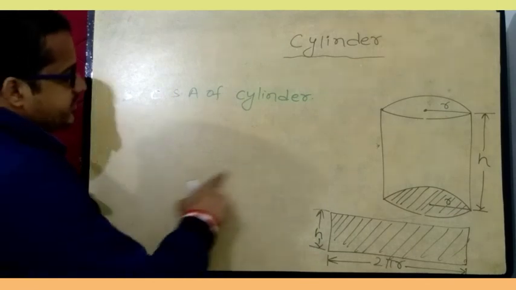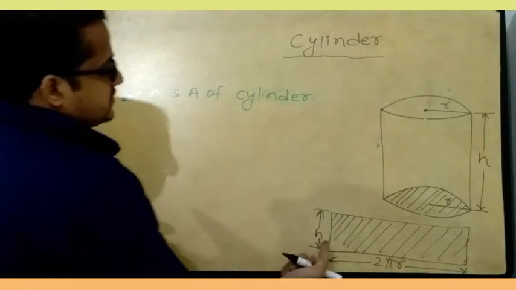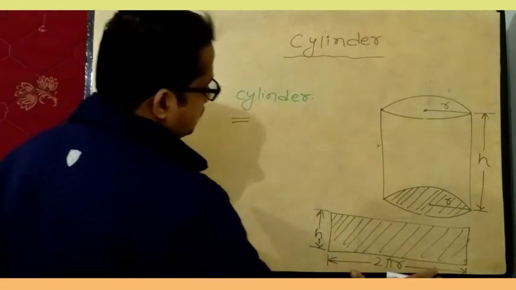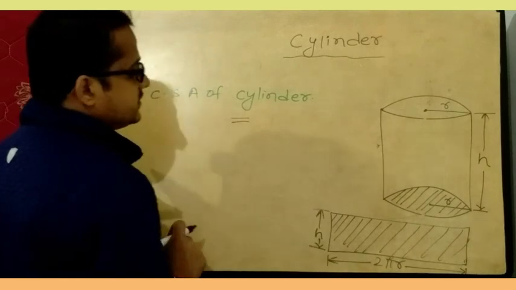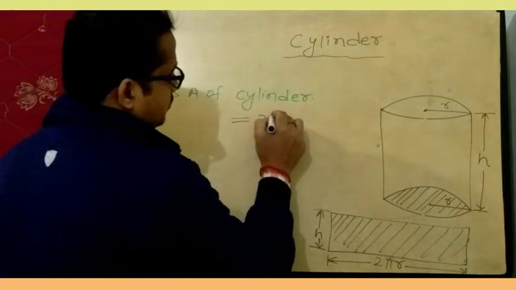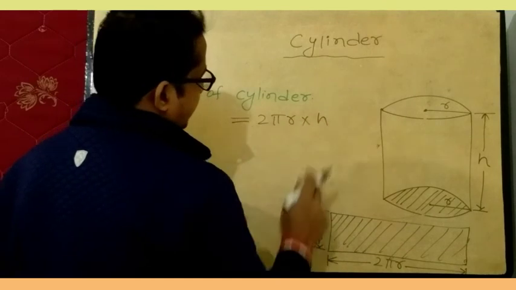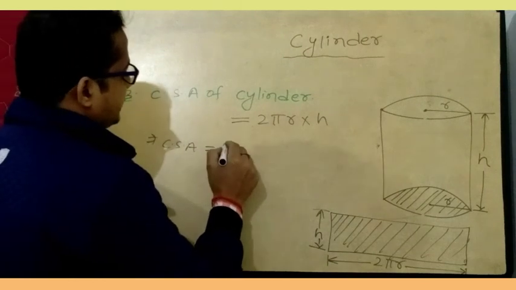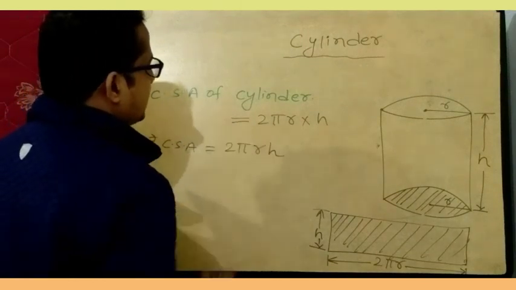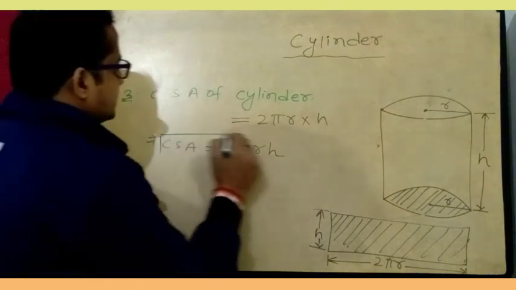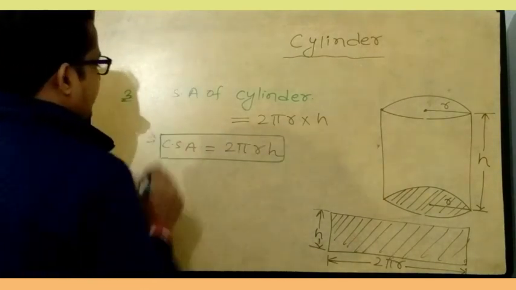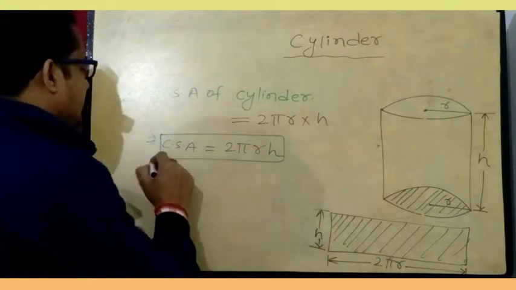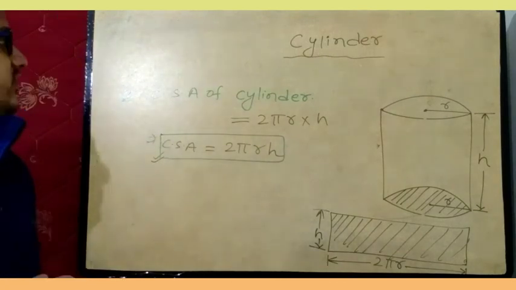As I explained earlier, this curved surface is in the form of a rectangle, so curved surface area of a cylinder equals length times breadth. 2 pi r is the length and h is the breadth, that is, curved surface area of a cylinder equals 2 pi r into h, where r is radius of base of cylinder and h is height of the cylinder. So by using this formula, we can calculate curved surface area of a cylinder.